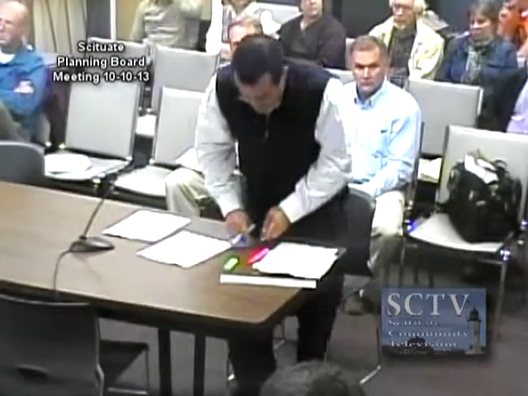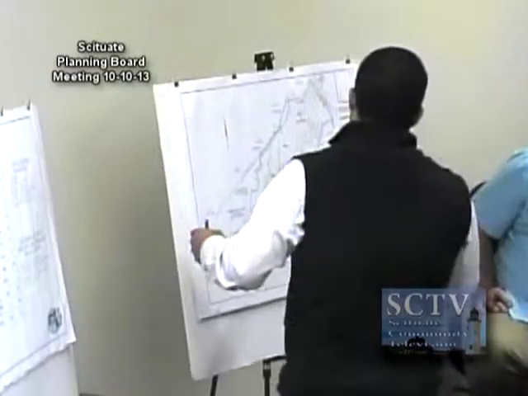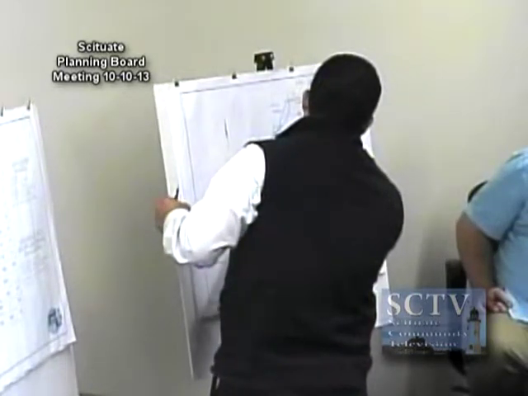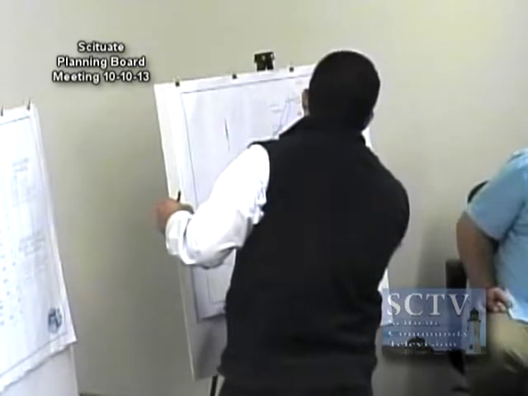Greg, just a quick question. With the additional information, with the tributary, did anything change? No, the way that the tributary was defined in the 150-foot buffer to it, we measured 150 feet out from this location to the no disturb, and 150 feet out from that location to the no disturb.